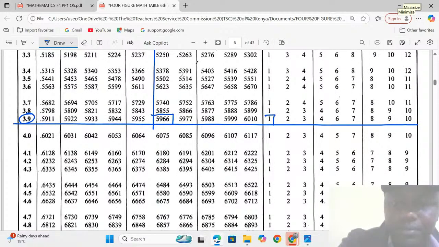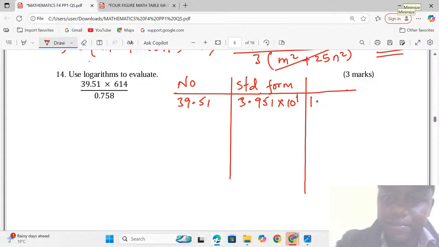So 0.5966. Because of the one we have added here, it will be 67. 0.5967. That is the logarithm.